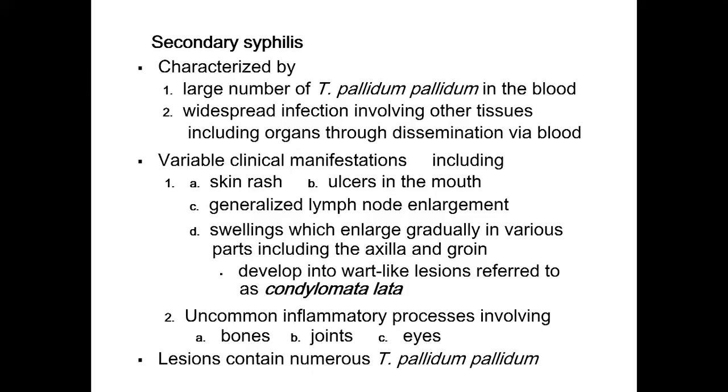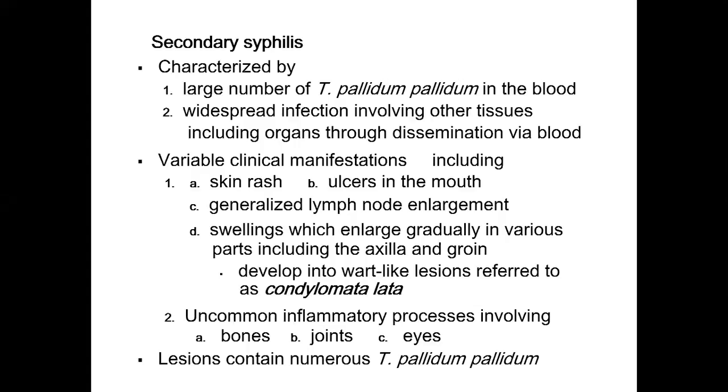So the person progresses to secondary syphilis with a large number of organisms in the blood, and because blood goes everywhere in the body, there's widespread infection involving other tissues, including some organs, and this is through dissemination via blood. So at this stage, organisms are found in organs, in tissues, in CSF. They are found wherever the blood is going, it deposits some of them there.